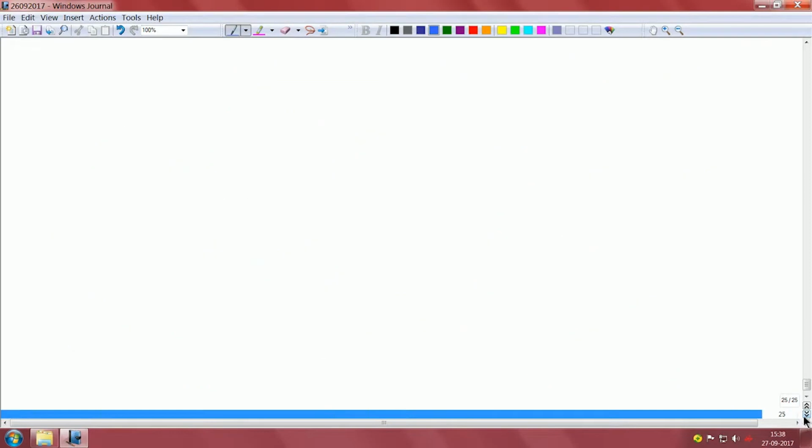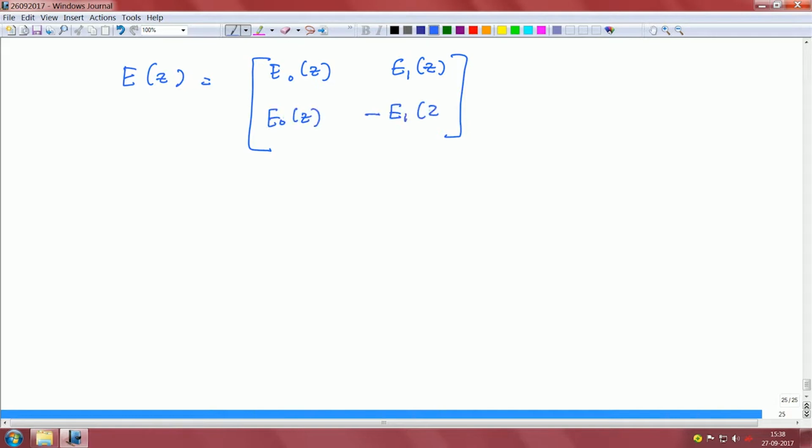Okay. So, let us start with the polyphase representation. Now, we have this E of z matrix in the form E naught of z, E 1 of z, and then E naught of z minus E 1 of z.